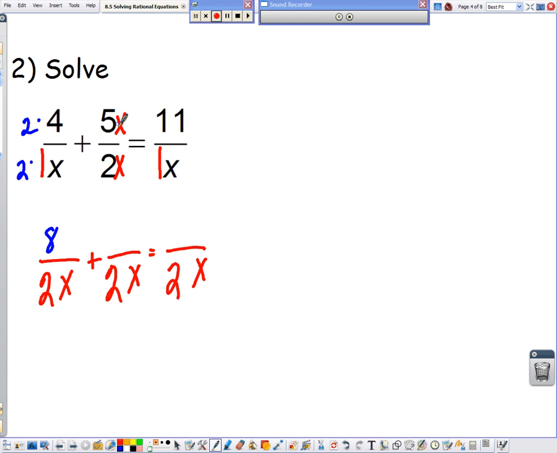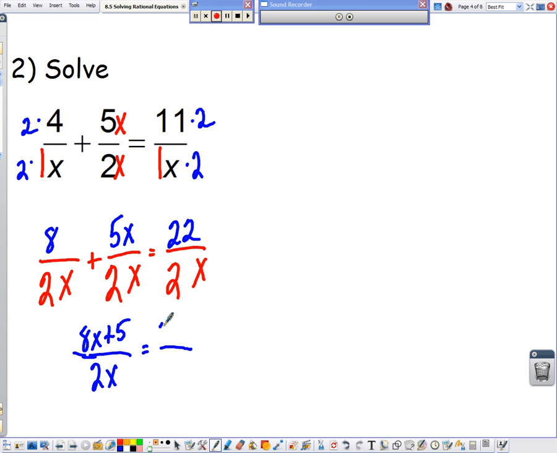I don't have to multiply anything, so I can just multiply by 5x. Equals 1 times 2 will give me 2, so I multiply the top times 2, and end up with 22.